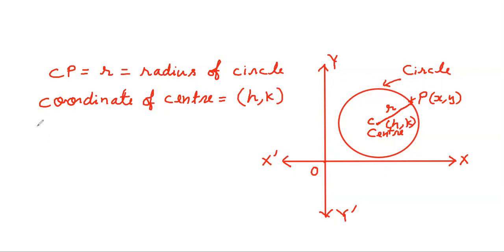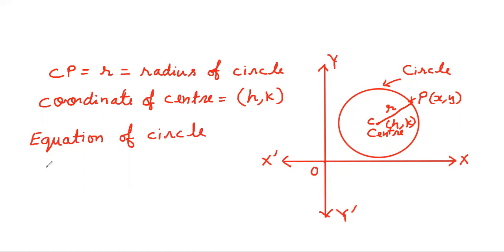So now what will the equation of the circle be? Two things are given to you: one is the radius, and the second is the coordinate of the center, h comma k. And now I want to write down the equation of the circle.